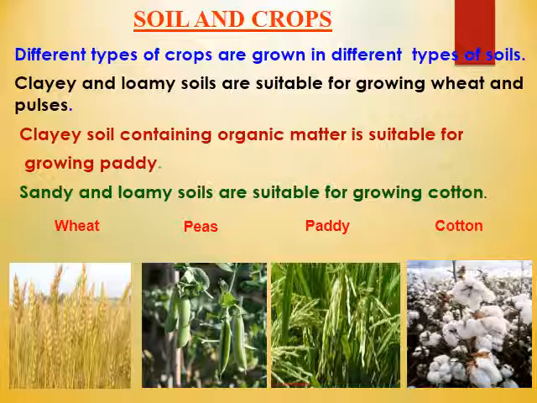Depending on the type of soil present, different types of crops are grown. Clay and loamy soils are suitable for growing wheat and pulses. Clay soil containing organic matter is suitable for growing paddy. Sandy and loamy soils are suitable for growing cotton.